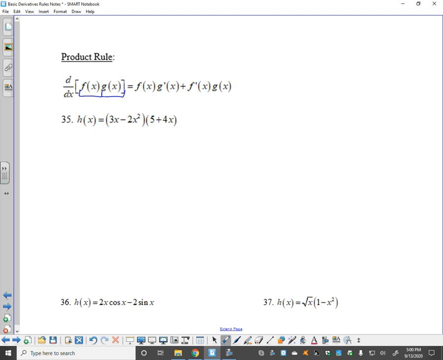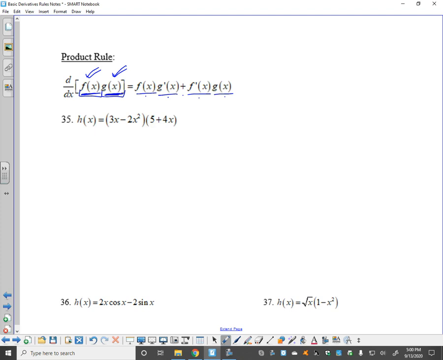You're going to take f and leave him alone, and you're going to multiply him by the derivative of g. And then plus, you can take the derivative of f, and then you're going to leave g. So f is the first one, g is the second one. So first you're going to leave it, take the derivative, plus take the derivative, leave it. So leave it, take the derivative, plus take the derivative, leave it.